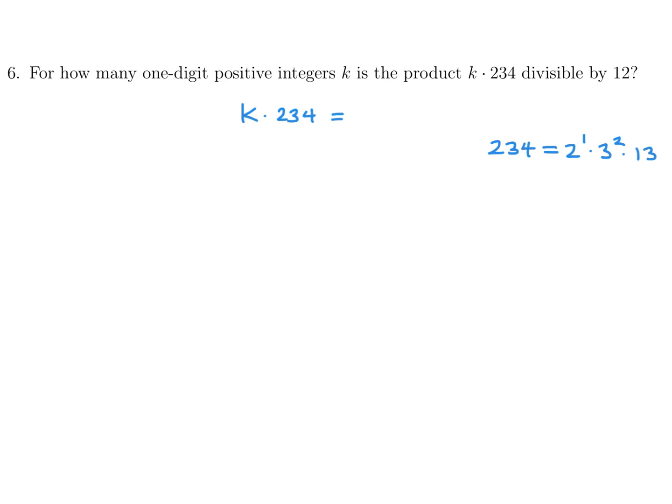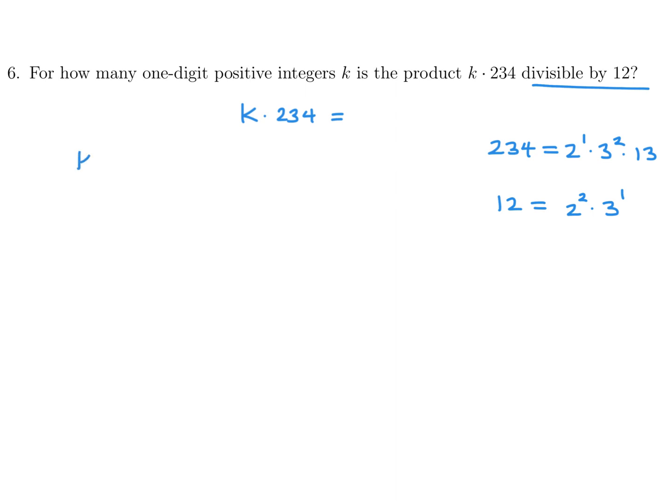So that's what, 18 times 13? Yeah. Okay. So in order to make this divisible by 12, 12 itself in prime factorization is 2 to the power of 2 times 3 to the power of 1.